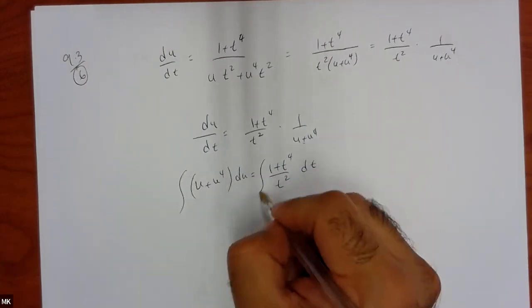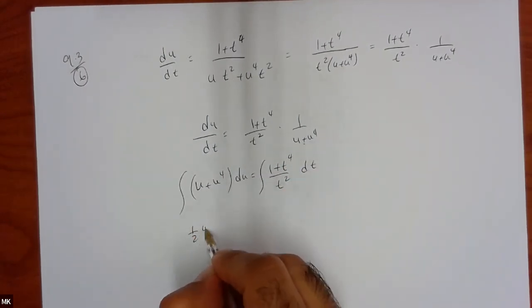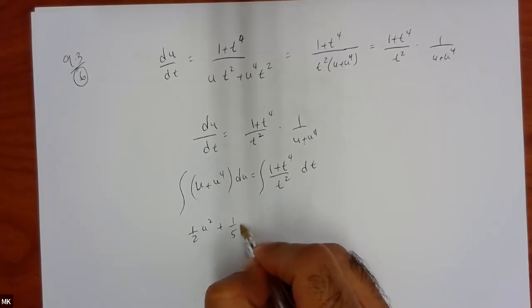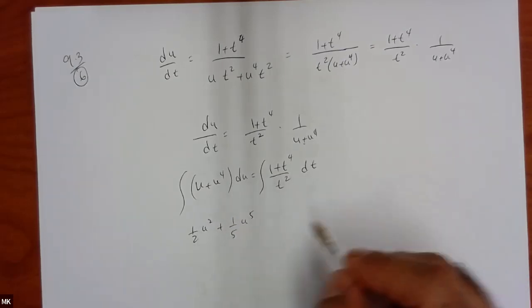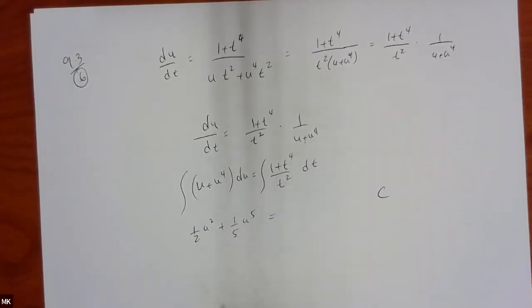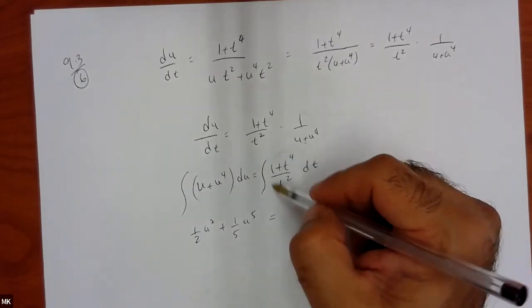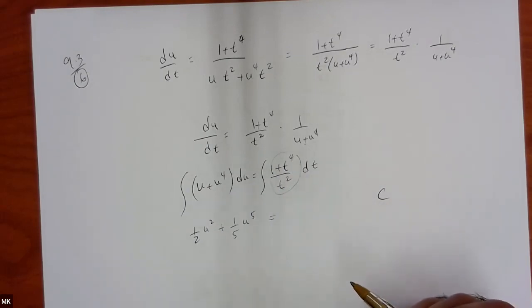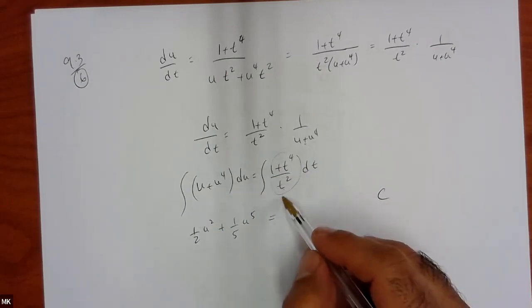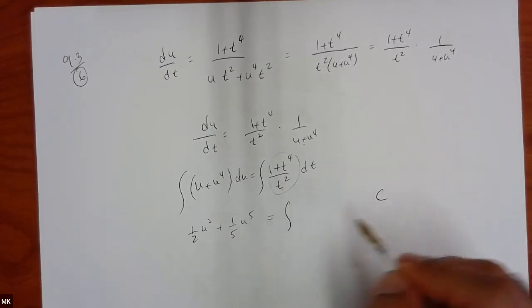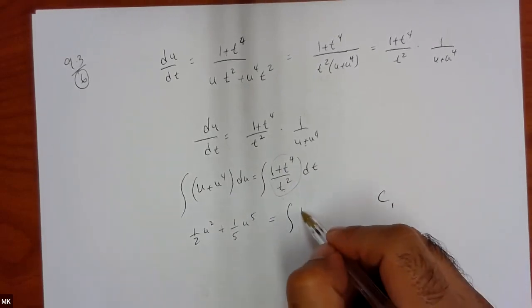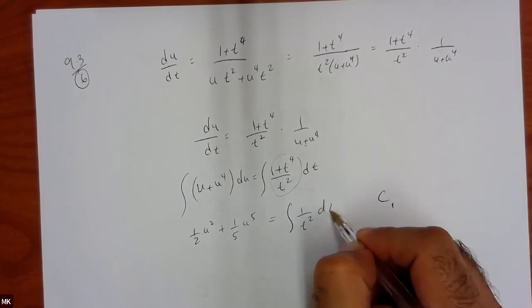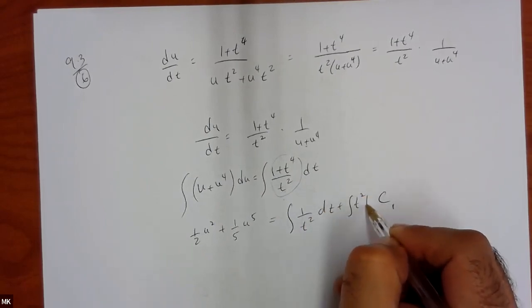Then we integrate it with the corresponding variables. I get 1/2 u squared plus 1/5 u to the 5th. There is a c here, but I'm just going to have a c at the end. The right side is actually the integral of 1 over t squared plus t to the 4 over t squared. So let me write it out: the integral of 1 over t squared dt plus the integral of t squared dt.